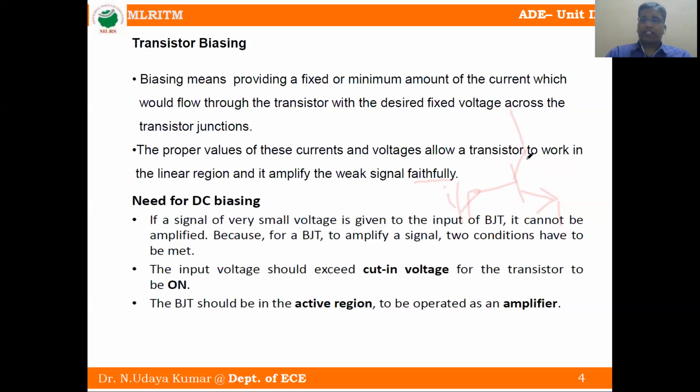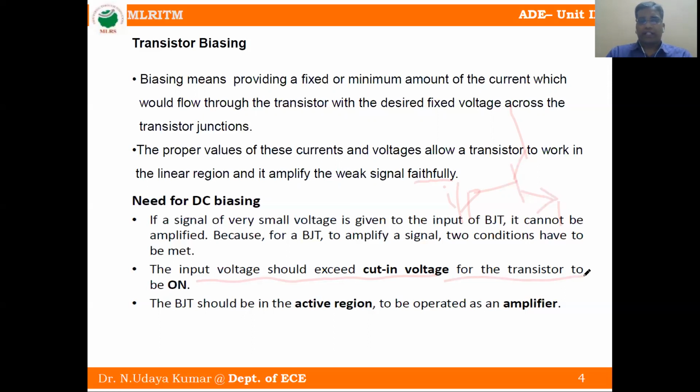For example, for a silicon transistor, what is the cut-in voltage? The cut-in voltage is 0.6 volts. After that only the transistor is on. So the input voltage should exceed the cut-in voltage for the transistor to be on.